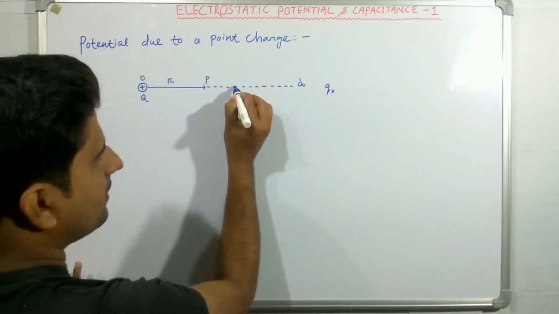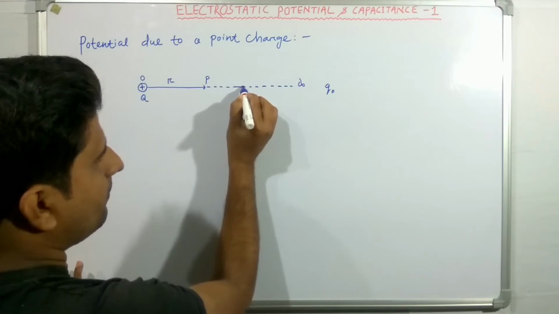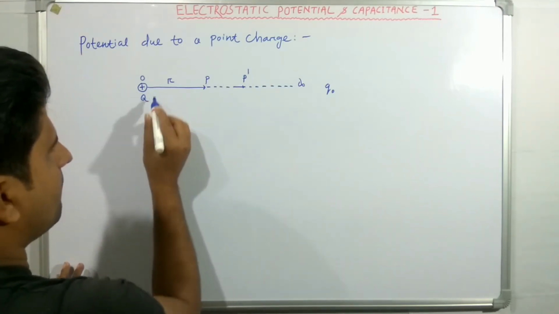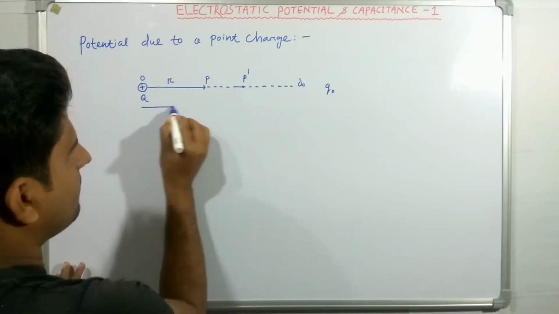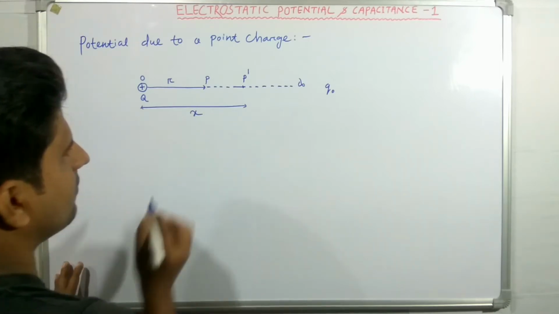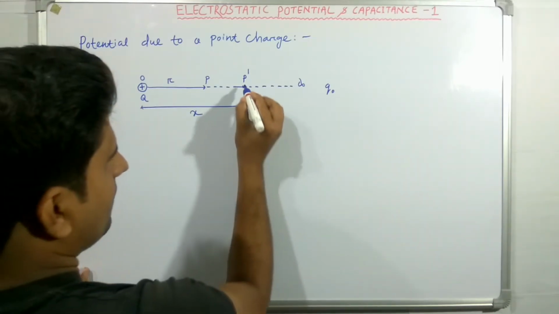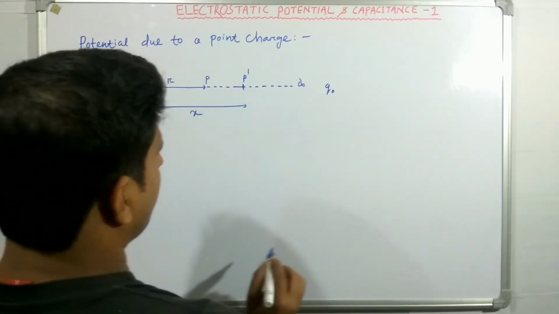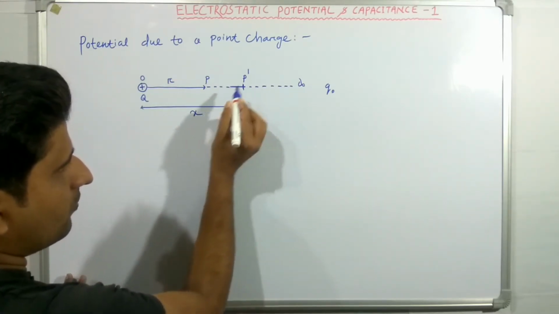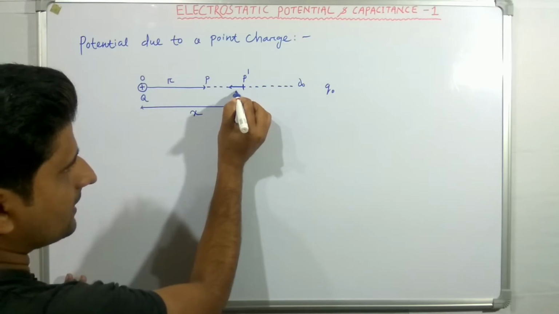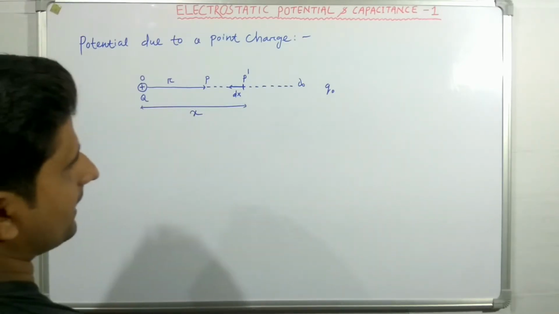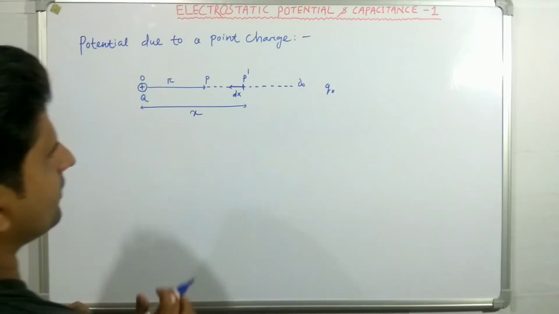So suppose P dash is an intermediate point, and the distance of P dash from O is x. At P dash, suppose small work done to move a small distance dx to the unit positive charge.